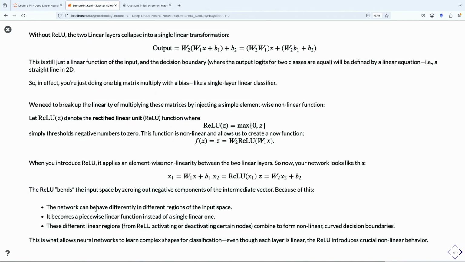Because of this, the network behaves differently in different regions of the input space. That's why you get that nice curve. Because in the left region, one of the barriers is prominent. In the right region, the other barrier is prominent. And that's because when one of the barriers becomes negative, the ReLU basically makes that barrier disappear. So you get a nice curve going there.